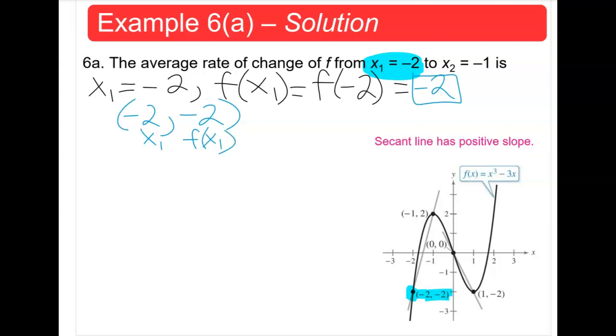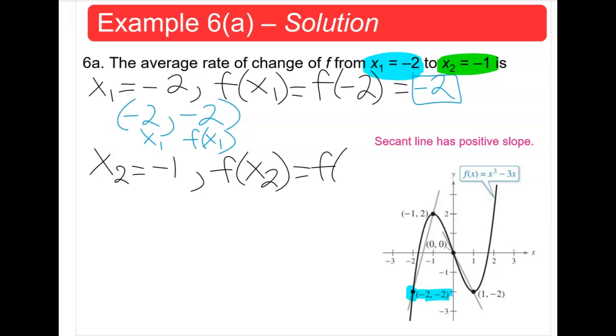Now, the other x value is negative 1. So when x sub 2 is equal to negative 1, what is the function value, the output, for x equals -1? Remember, this is the label, and this is the actual x equals -1.